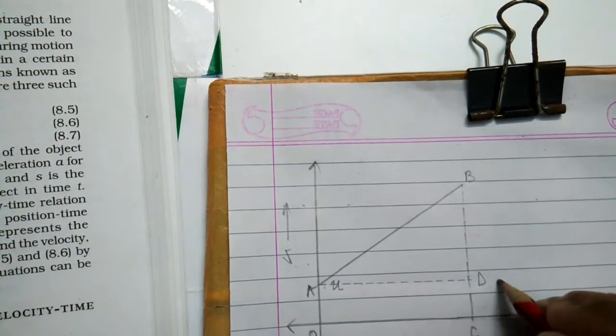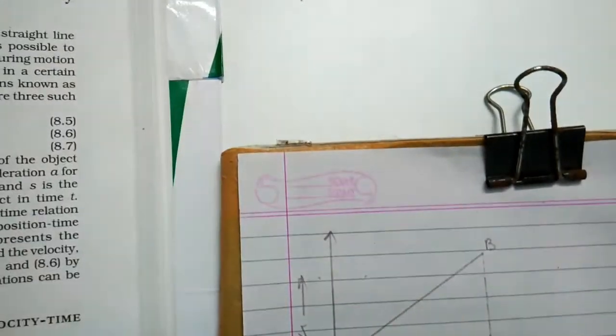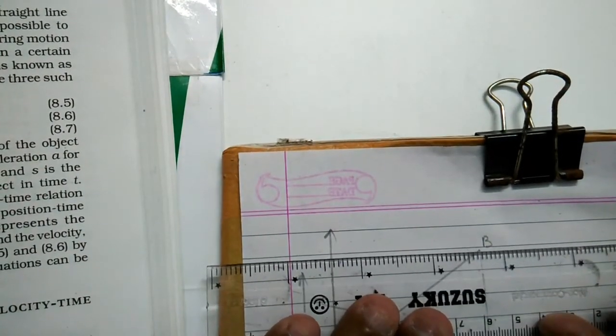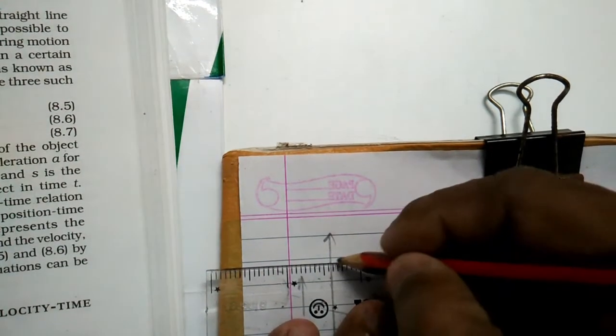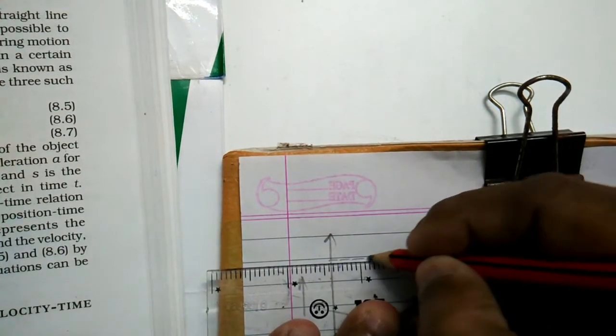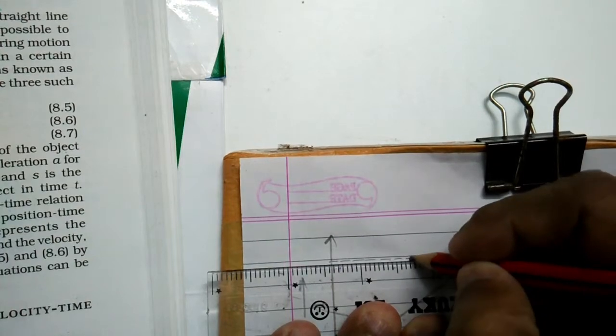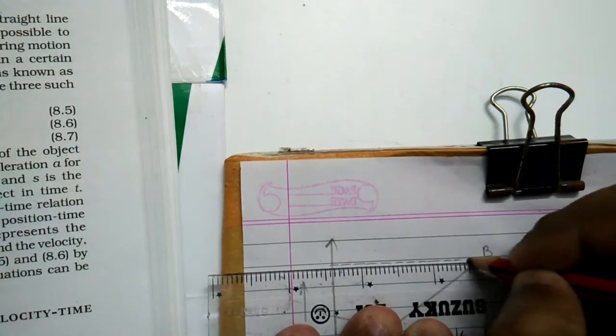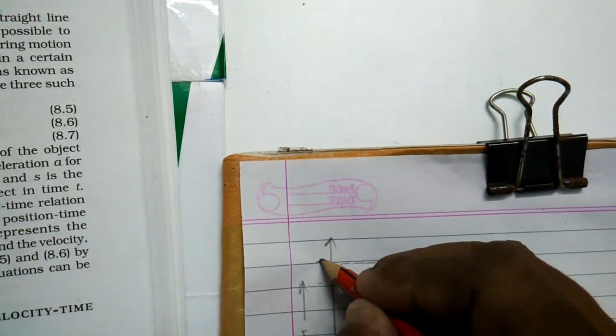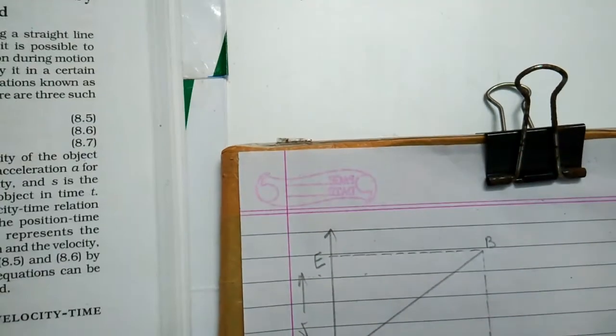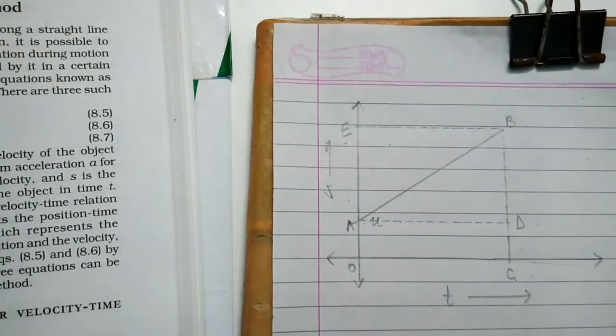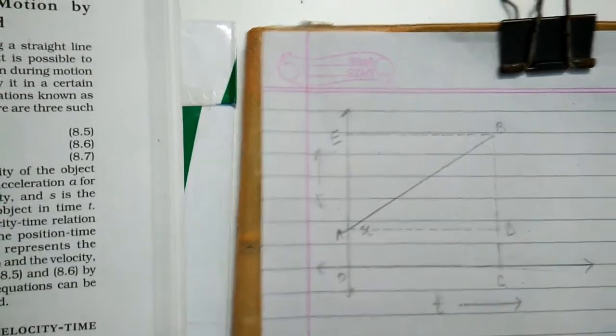It is D. And from B a perpendicular drawn to the y-axis is E. Now the graph is just like this.